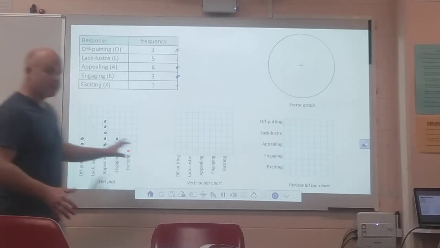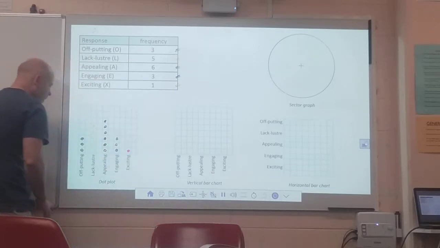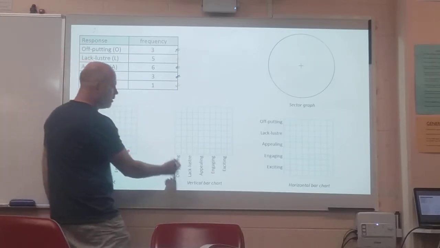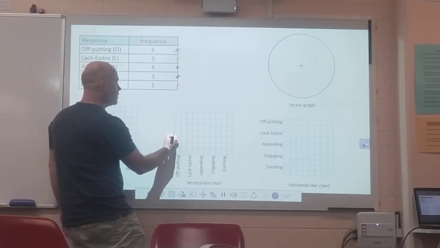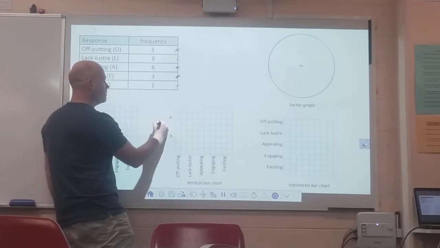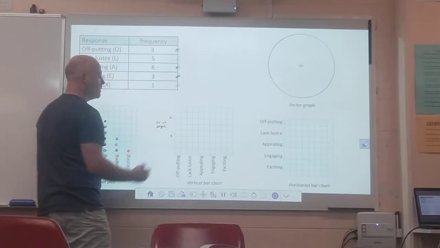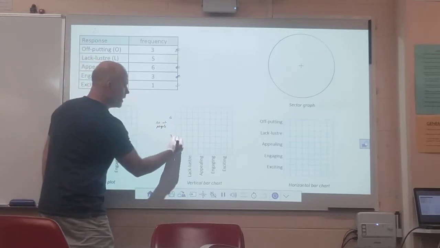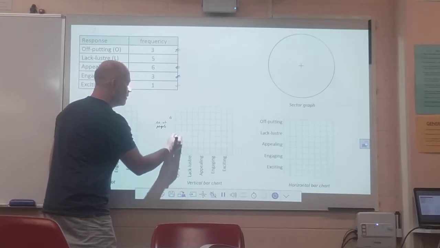Now the bar chart is really similar, except we're going to fill up the whole column up to the number of people that chose that response. I'm just going to put some numbers with this too, like a scale, and some labels as well. Please do that on yours. So 3 people for off-putting.